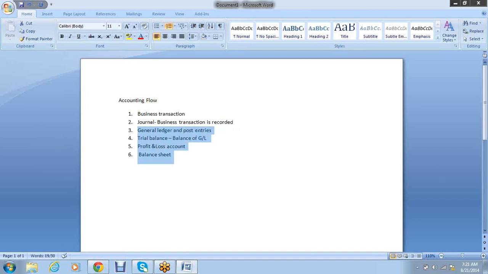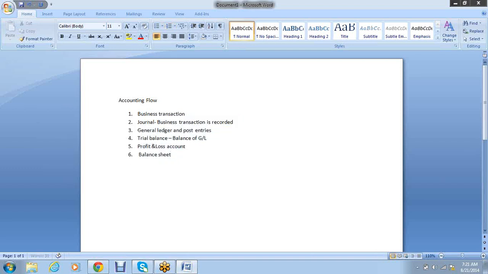But earlier, when you recorded manually in the books before the system, each of these places had to be recorded separately. So we need to get an overview of these five things, and only then will you be able to understand how accounting works. This is the basic thing we need to understand.